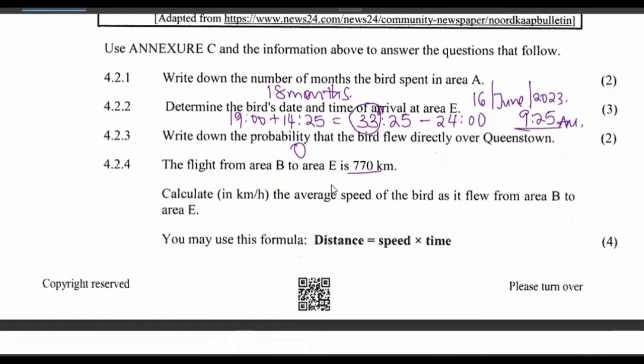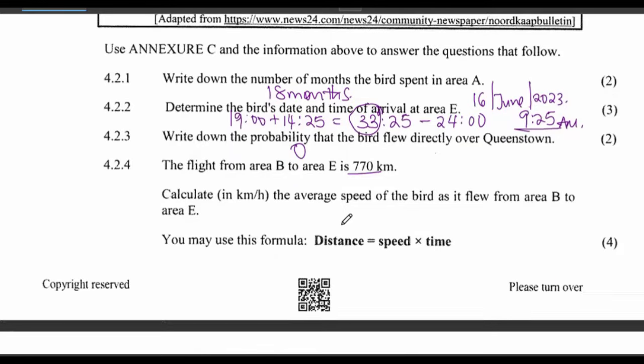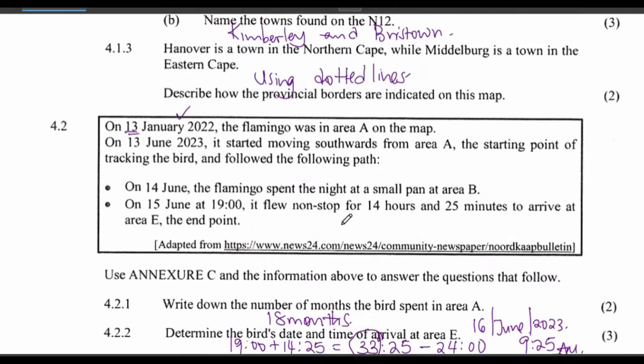The flight from area B to area A, it's 770 kilometers. Calculate in kilometers per hour the average speed of the bird as it flew from area B to E. Now remember, from B to E, it spent how long? It spent 14 hours, 25 minutes flying from B to E. So these are the hours.